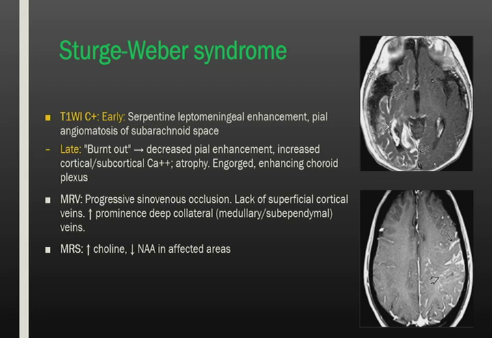In the venous MRI, progressive sinovenous occlusion, lack of superficial cortical veins, and increased prominence of deep collaterals, medullary or subependymal veins. In the spectroscopy, we can see increase of choline and decrease of NAA.